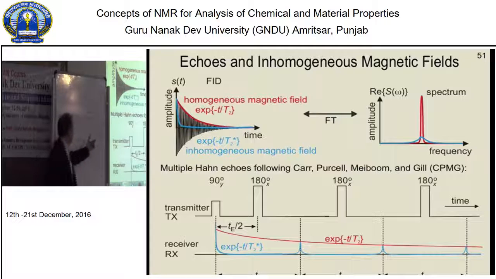If you're off resonance, if you have a mismatch of your transmitter frequency, remember you're always sitting on the V1 field of the transmitter. This is your observer position. If there's a mismatch, then you have a residual frequency, and that residual frequency is gamma V of resonance.